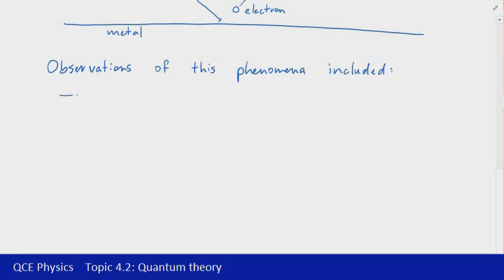So the first thing that was of note is that only light of a certain frequency or above a certain frequency, so only light with a high enough frequency, could cause electrons to be emitted.